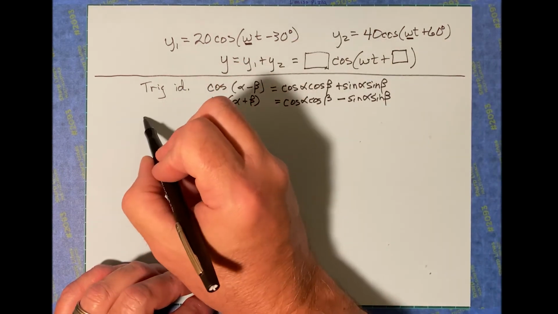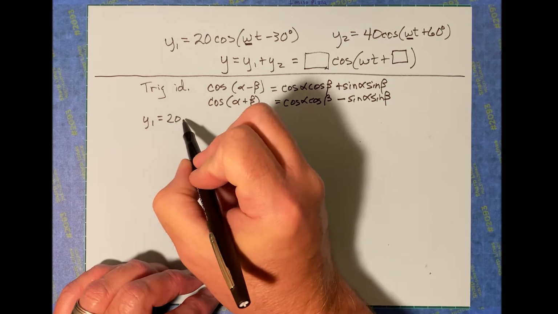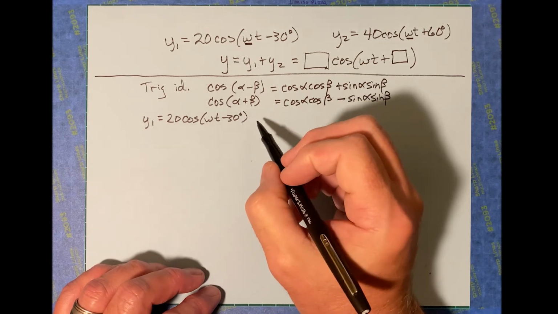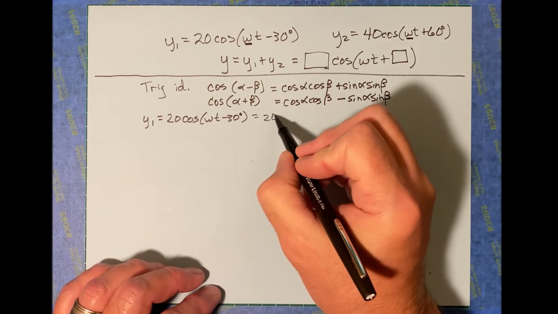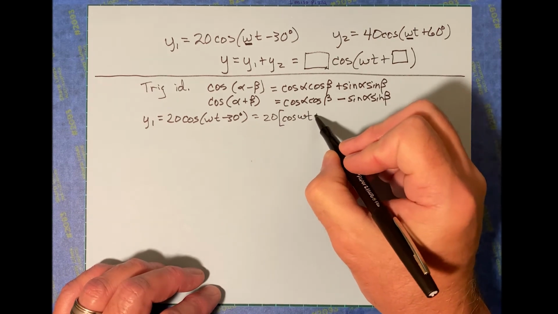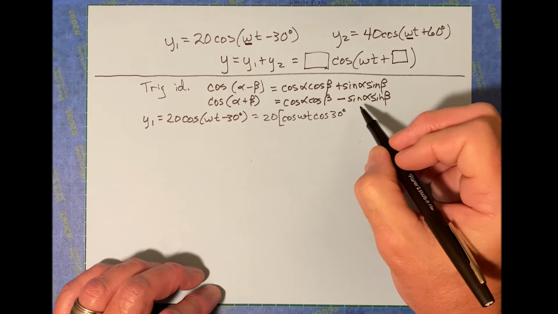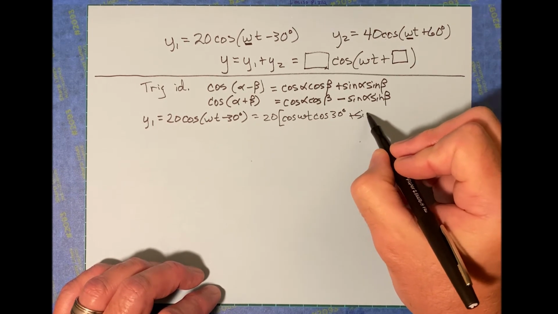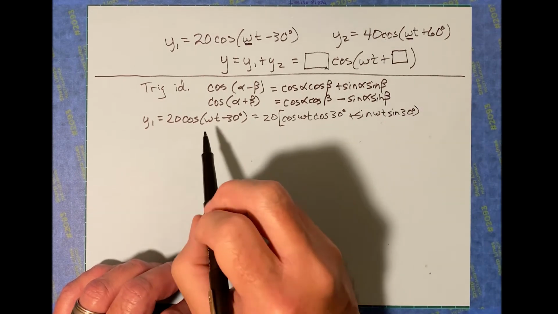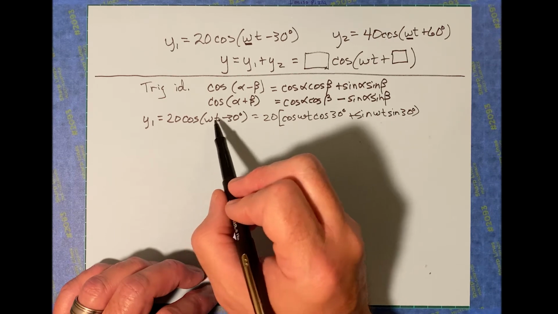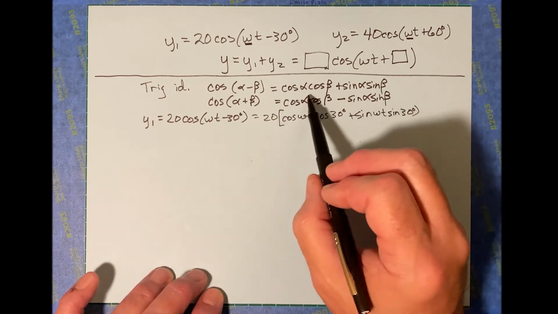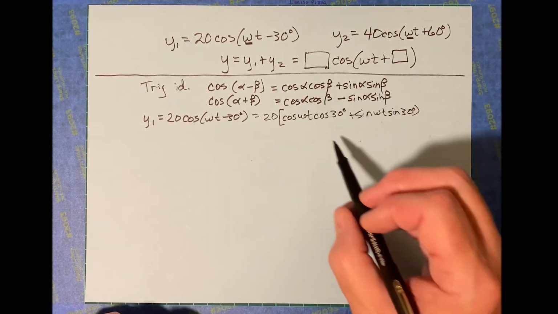All right, so our y1, which is 20 cosine omega t minus 30 degrees, could be written as 20 times [cosine omega t cosine 30 degrees plus sine omega t sine 30 degrees]. So here alpha is omega t and beta is 30, and we've just utilized that top trig identity in order to rewrite this.